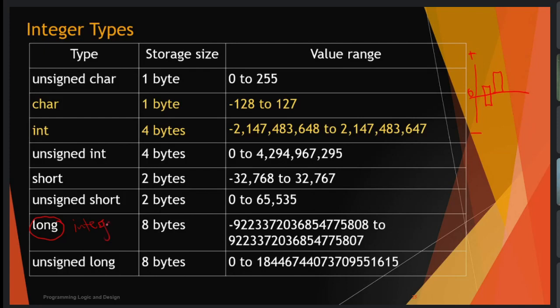Integer na siya with a bigger storage. So take note, ang integer is 4 bytes. When you say long integer, that is 8 bytes. Doble ang ihang capacity. But of course, if you increase the storage size, that would mean it will eat more memory in your RAM.